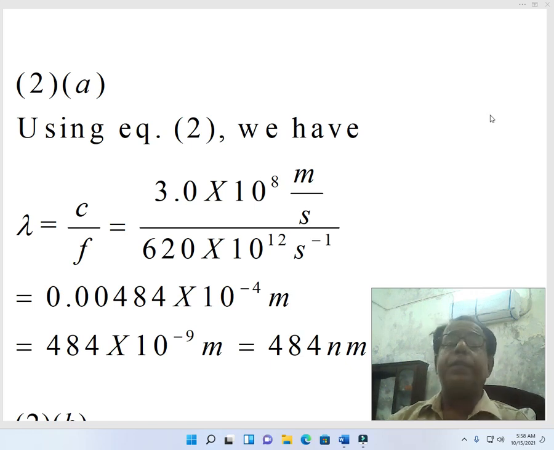However, the frequency will vary for all three parts. For 2A, the frequency is 620 into 10 raised to the power 12 per second, that is 620 terahertz. Putting these values we get the value of wavelength lambda equal to 484 nanometer.